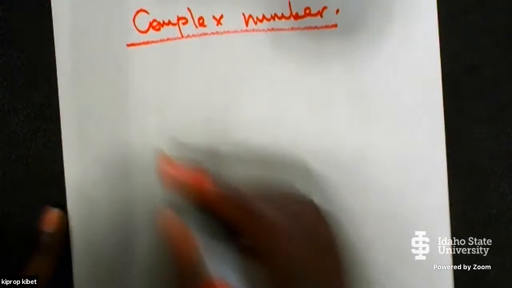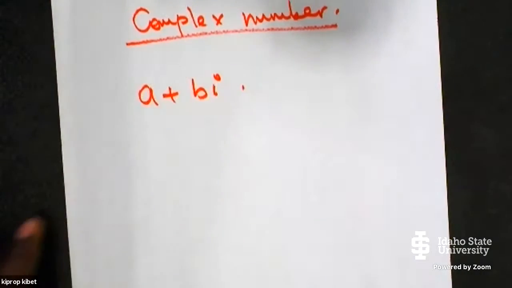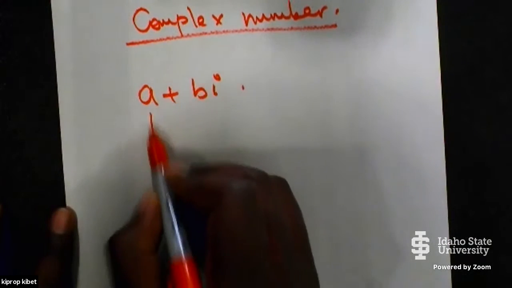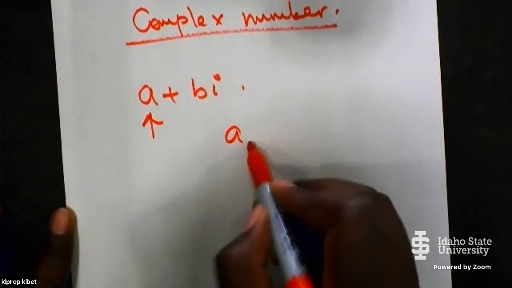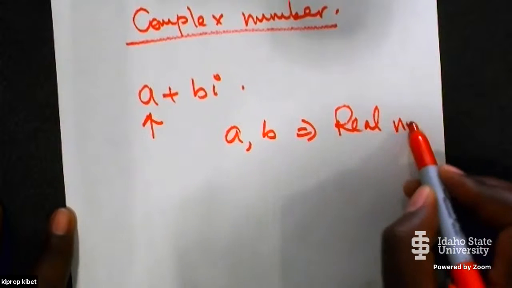So the complex number is in this form, a plus bi, where a and b are real numbers.